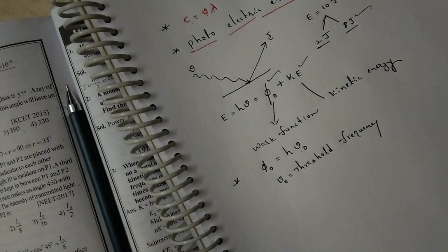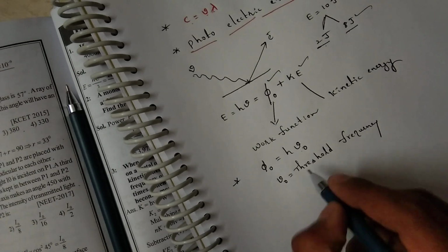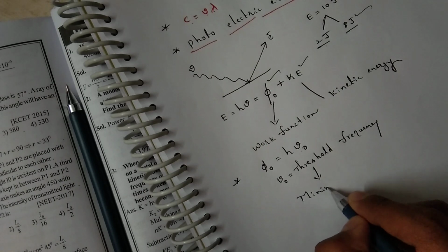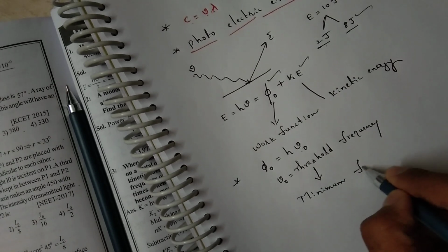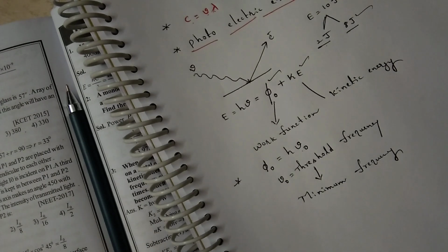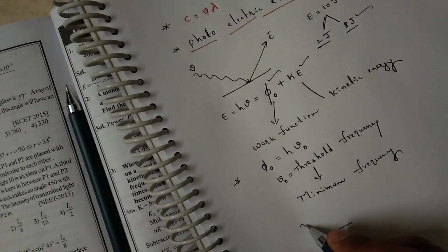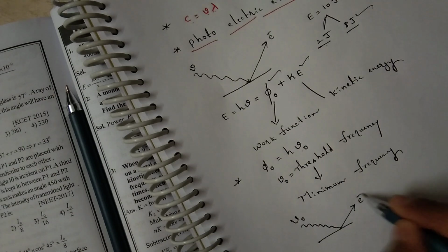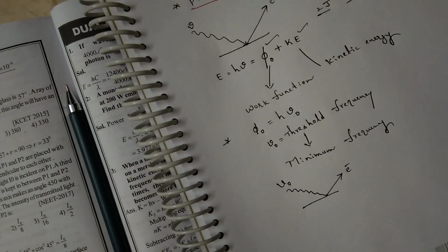What is the meaning of threshold frequency? Threshold frequency is the minimum frequency for which photoelectric emission takes place. It means that if the radiation consists of at least nu naught frequency, only then can the photoelectric process occur and the electron be ejected.